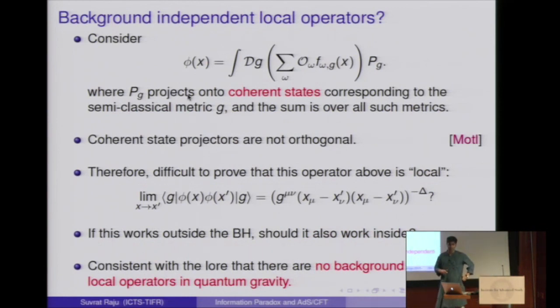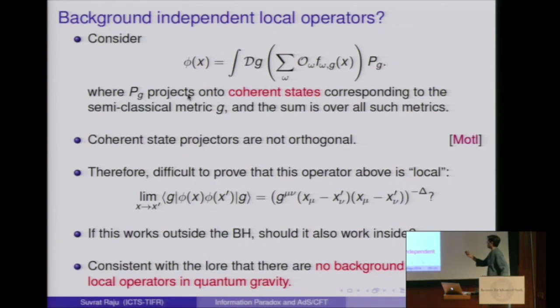And one thing that Joe mentioned yesterday was that you can do this actually in some other ordinary systems, and you might try and do this by putting some projection operators. You might say, let me think of the set of all possible coherent states, put projectors onto those coherent states, and then use that to transfer my boundary operators to the bulk.